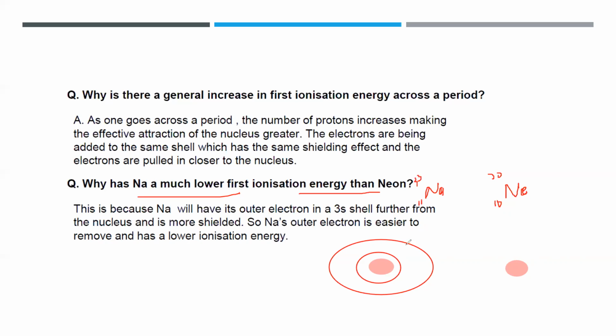So in the case of sodium, you're removing an electron from 3s, the third shell, whereas in the case of neon, you're removing an electron from the second shell.